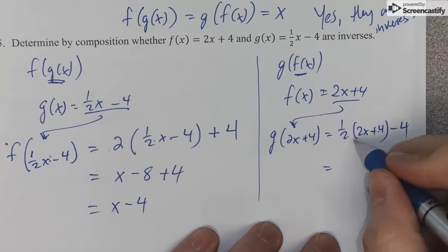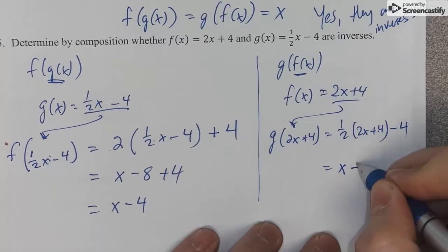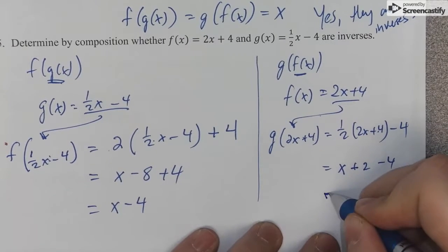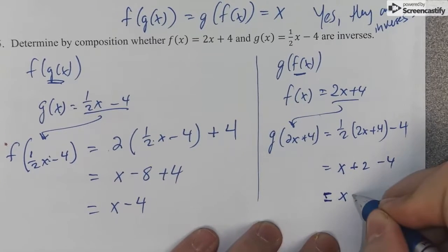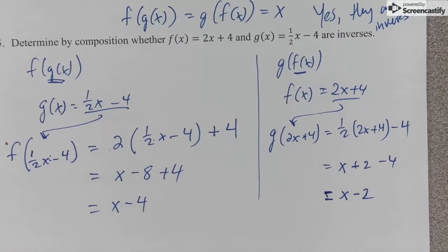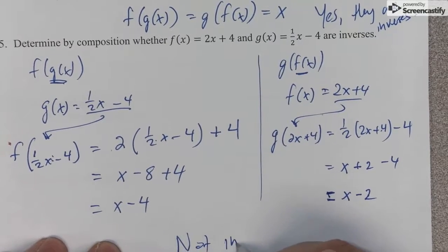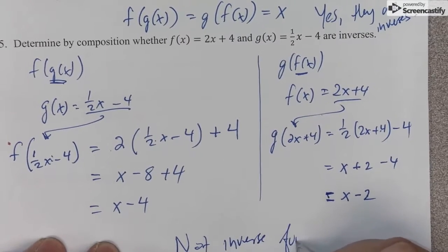So 1/2 of 2x is x, 1/2 of 4 is 2, minus 4. So this equals x minus 2. Clearly these are not the same, so these are not inverse functions.